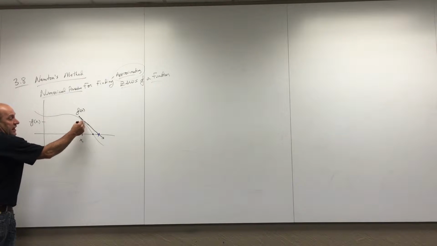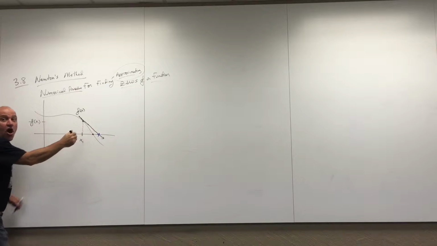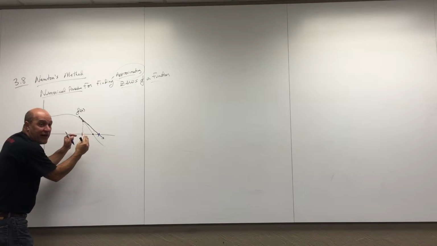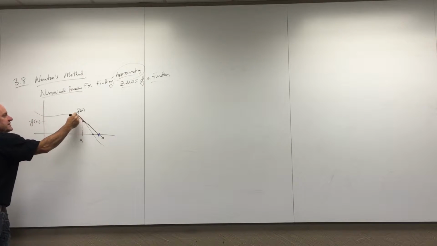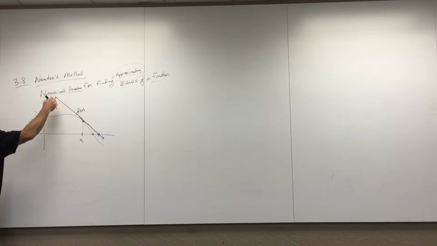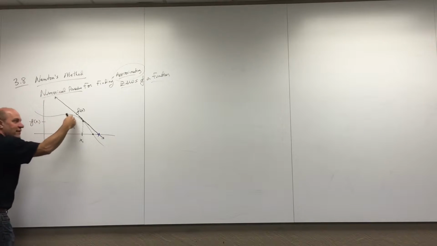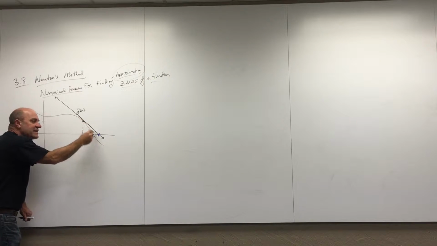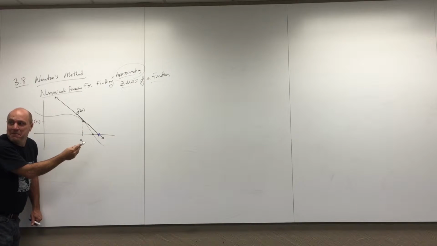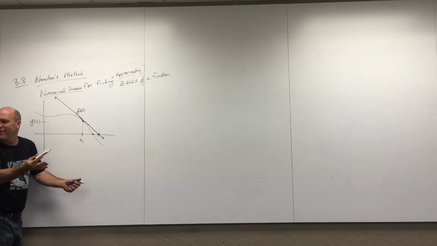Look, this tangent line is a good approximation for what this function is doing, only around there. Is this tangent line a good approximation for what the function is doing? Not too well, not way over here, no. But right around in here, it's kind of a good approximation. So finding the x-intercept of the tangent line is an estimate of finding the x-intercept of the function.